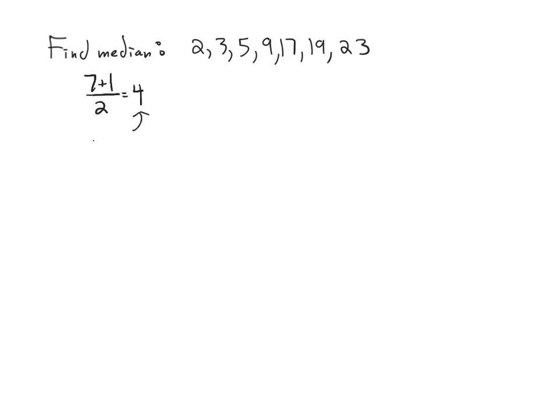So I want the 4th data point as the median. So in this case, there's no calculation to do. It's just the 4th one. So M, which is our median, is of course 9.